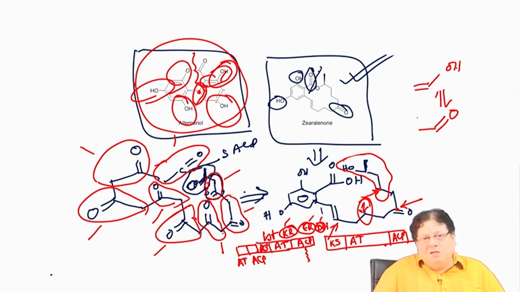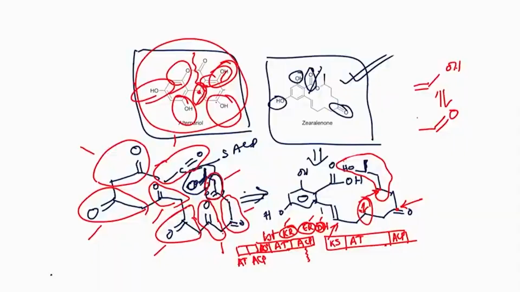If some natural product is given to you, the first thing you see is the oxygenation pattern, and if there are a lot of oxygens, you might think of a polyketide. Then try to put the oxygens at the proper position, identify the starter unit and the extension unit, and you can finally work backwards. How to prove that that is the extension unit, that is the starter unit?